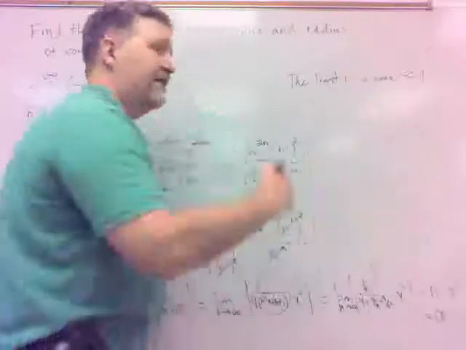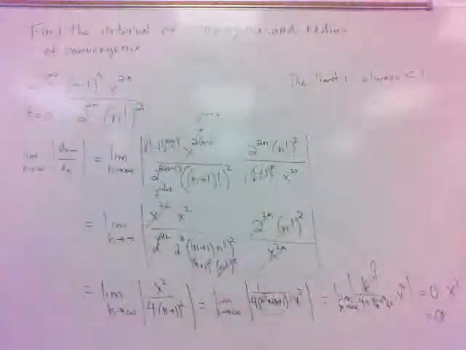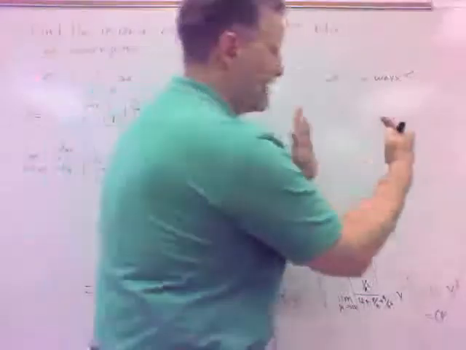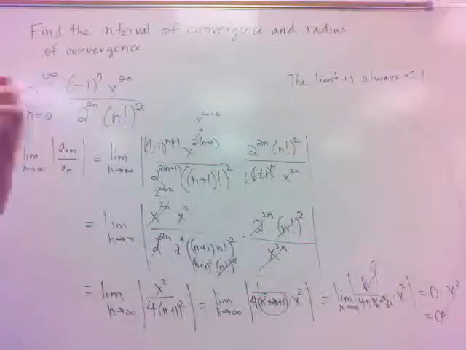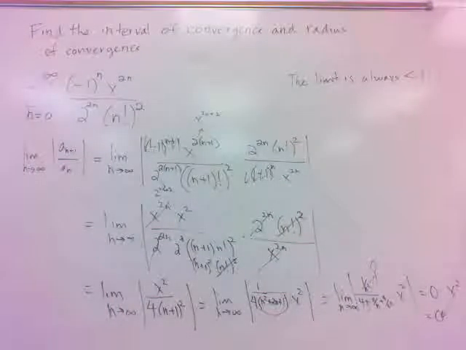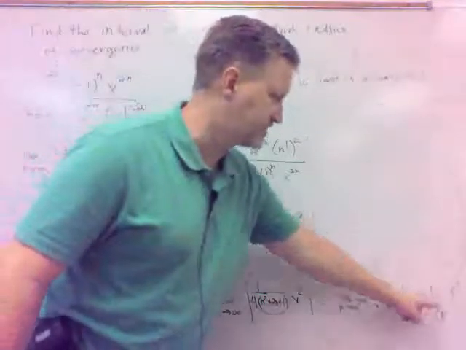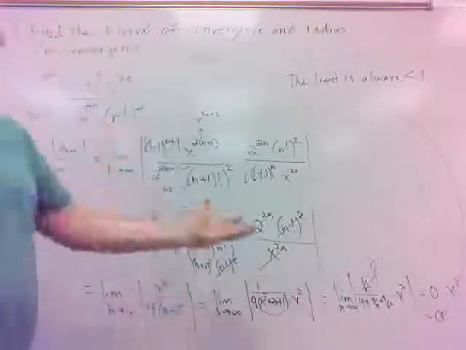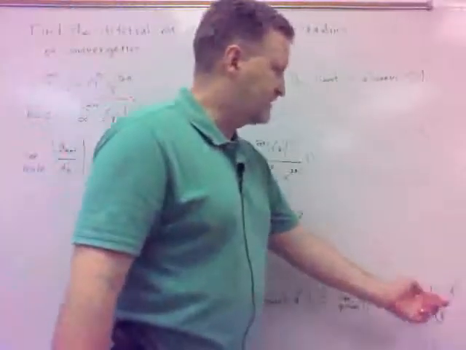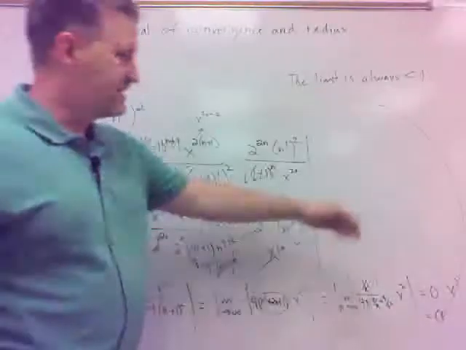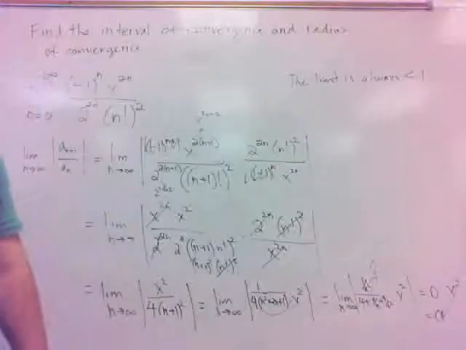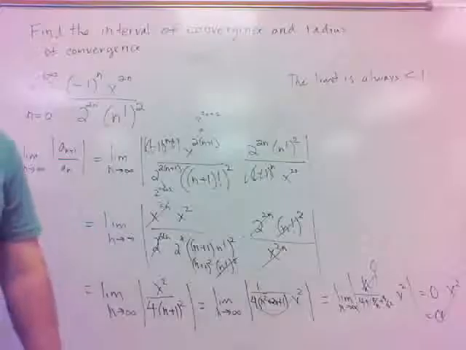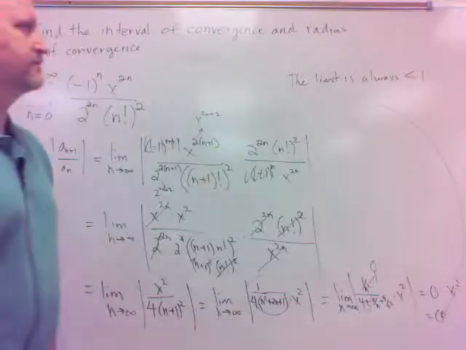It's not dependent on x at all being less than 1. Before, we got something like the absolute value of x was less than 1, so that depended on x. Here it doesn't depend on x at all. It's always less than 1 because it's 0 times whatever x is. If x is 1,000, if x is 10,000, if x is negative 1,000, it's still 0, which is less than 1. This one's convergent for all x.